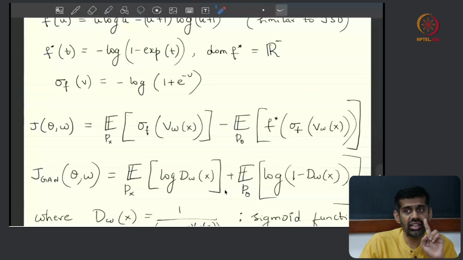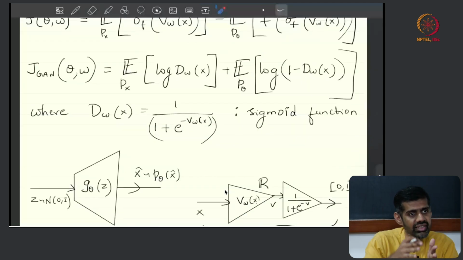What is v? V is that neural network that takes x and gives you a real number. That is v_w of x.